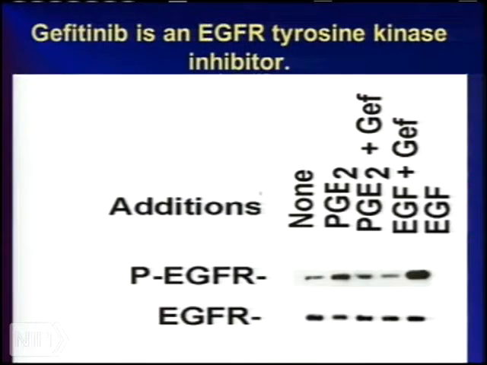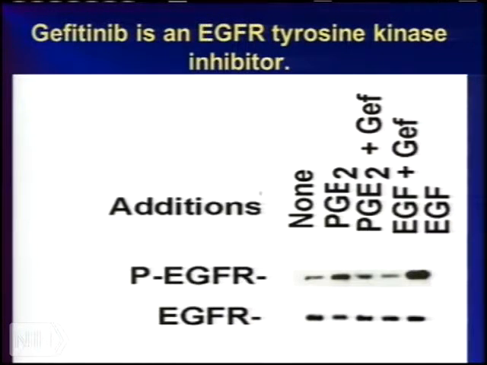So here we're adding the PGE2, getting the EGF receptor tyrosine phosphorylated. And an inhibitor of the EGF receptor is a tyrosine kinase inhibitor called gefitinib.